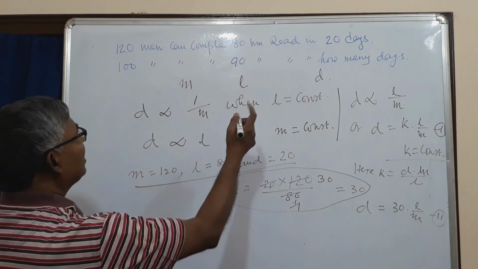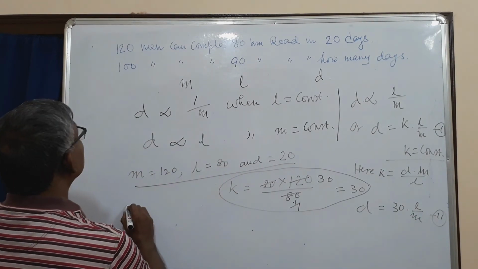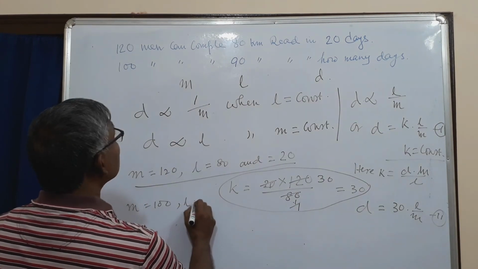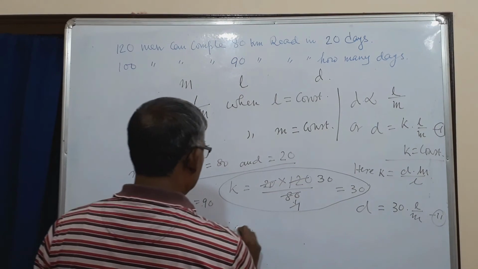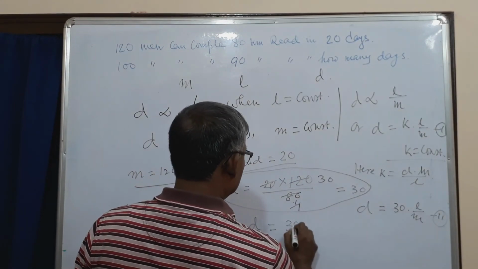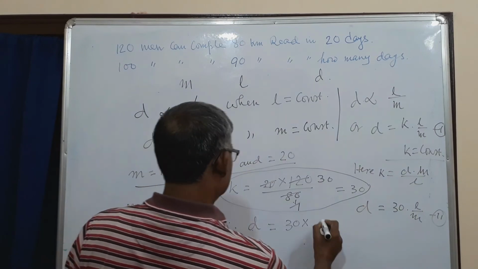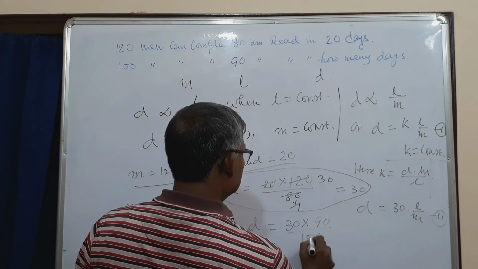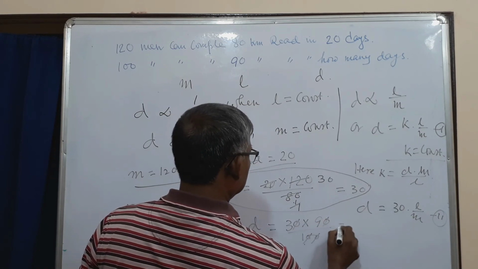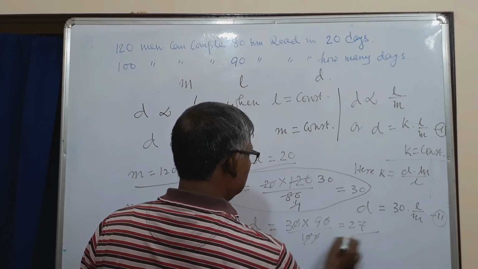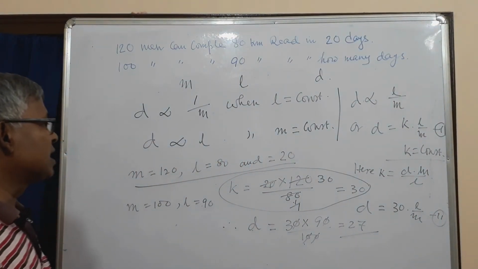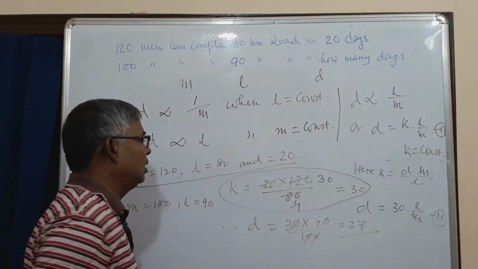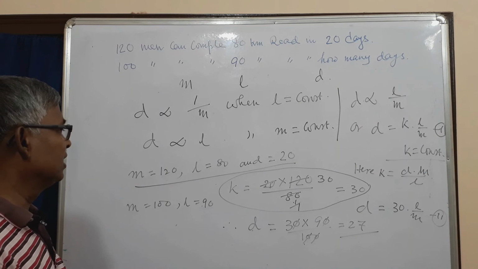Now given that in the second case m equals 100 and L equals 90, so d will be 30 into 90 by 100, that is 27. So the answer is 27, that is in 27 days the total work will be completed.